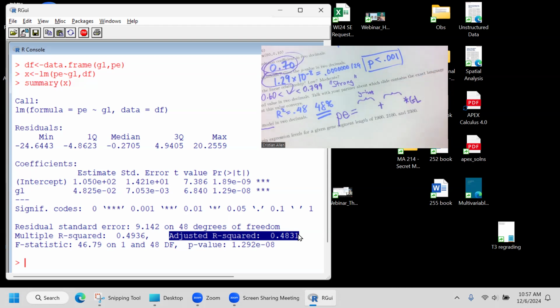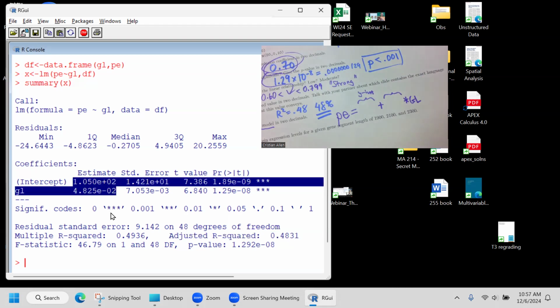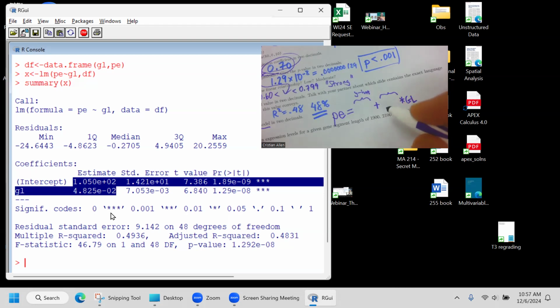Now, I'll highlight over here where you get these. 1.05 times 10 to the 2, we shift that decimal 2 times, we get 105 for the intercept. For the coefficient of gene length, we would need to move this decimal 2 times to the left.